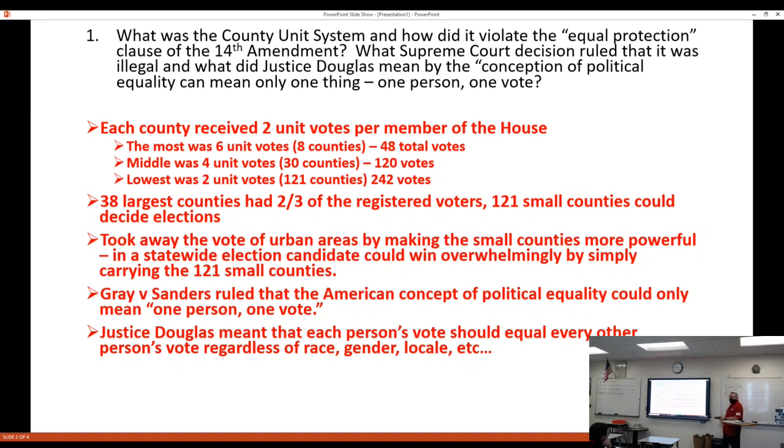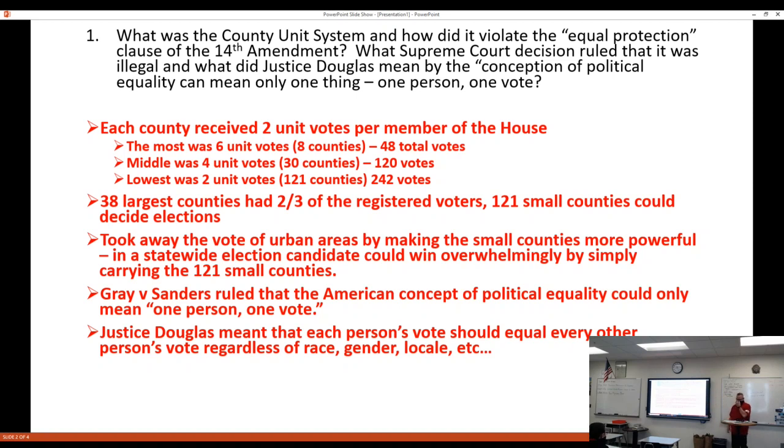And what does that mean? Exactly what it says. Each person's vote should equal every other person's vote, regardless of their race, their gender, their locale, their sexual preference, any characteristic you want to throw out there. So that's kind of what I'll be looking for.